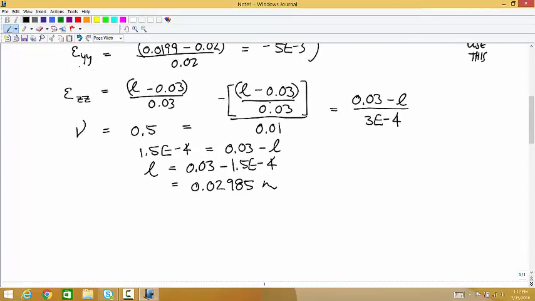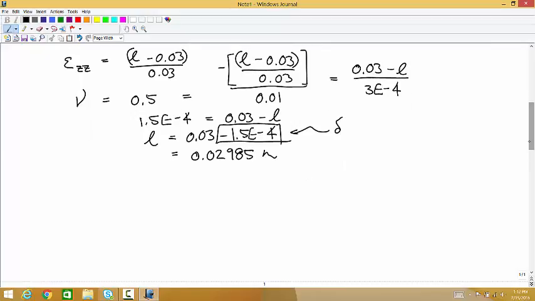But if you wanted the change, it would be this. That would be the delta. Any other questions about that? Any other questions about the test or homework?